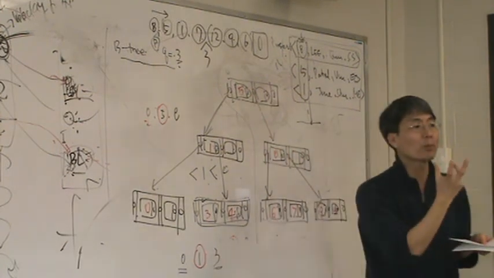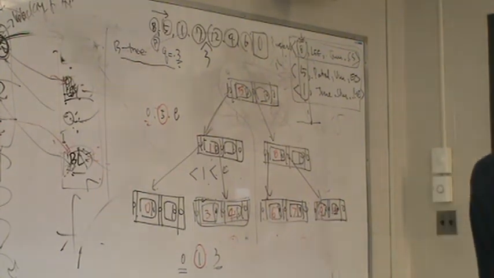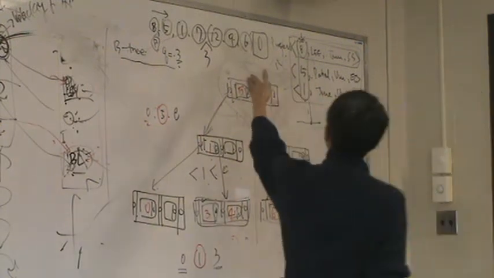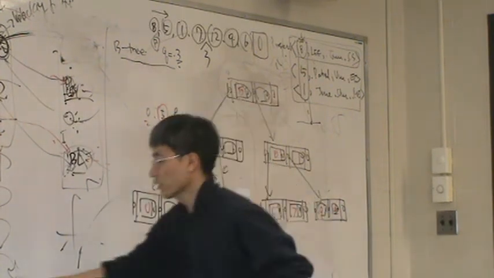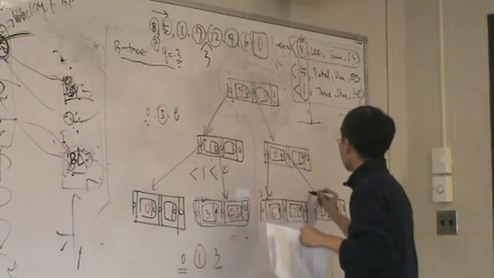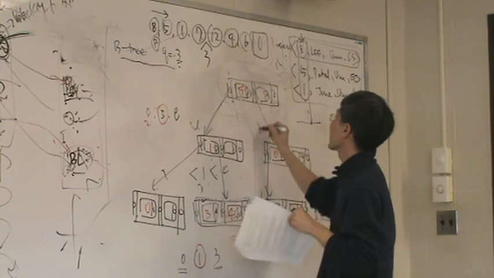What is a pointer? A pointer does not have to be a memory address or hard disk drive address. In this case, you can assign a block node ID. Whenever a node is created, you can assign the node ID 1, 2, 3, 4, 5, 6, 7.